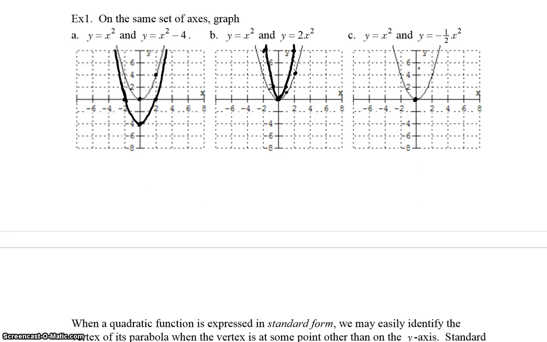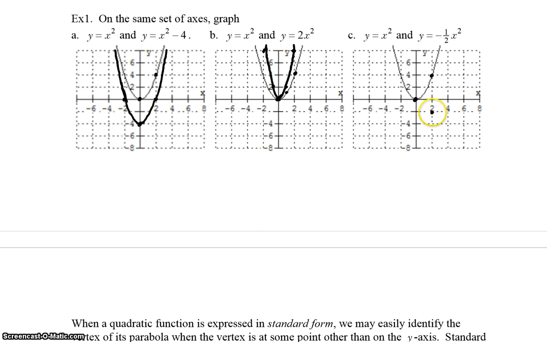If we take the point, say, 2, 4, we're going to cut that in half and then reflect it across the x-axis. So cutting it in half, we would go from 4 to 2, and then we would take that across the x-axis to get negative 2.